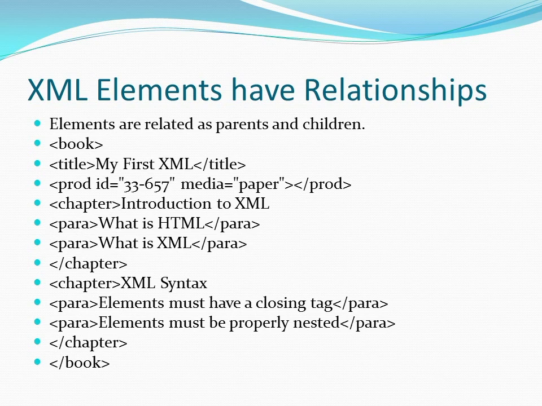Text, then other elements, so mixed content. The product has empty content because it is carrying no information and only has attributes. The attribute named ID has the value 33657, and the other value is paper.